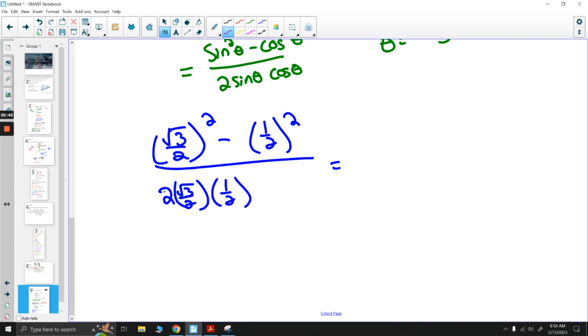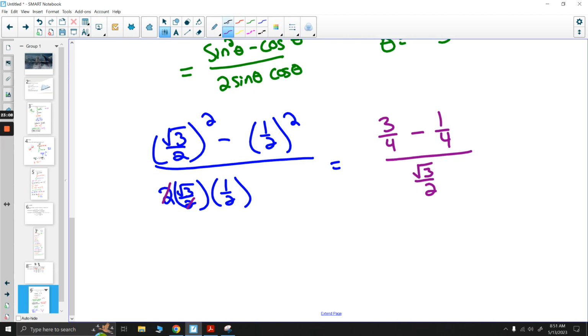So this 2 and this 2 would cancel. We still have a 2 left. And on top here, we'd have 3 over 4, because it's squared. Square root of 3 squared is 3, 2 squared is 4, minus 1/4, over our square root 3 over 2.